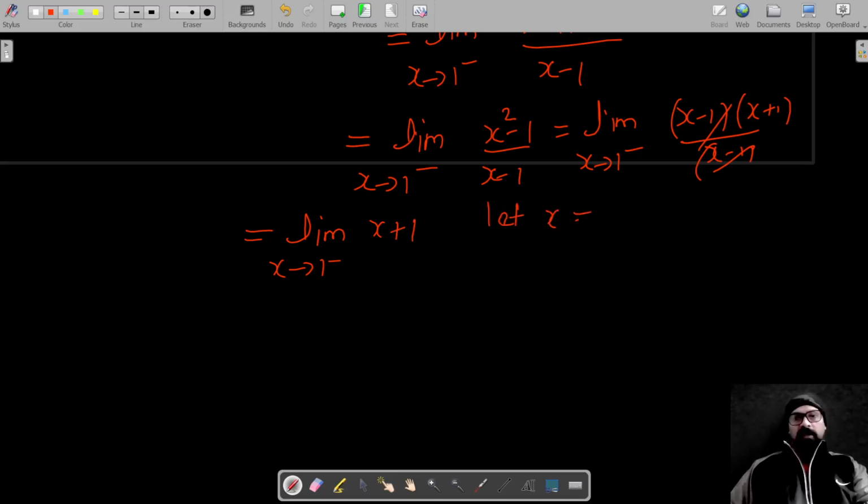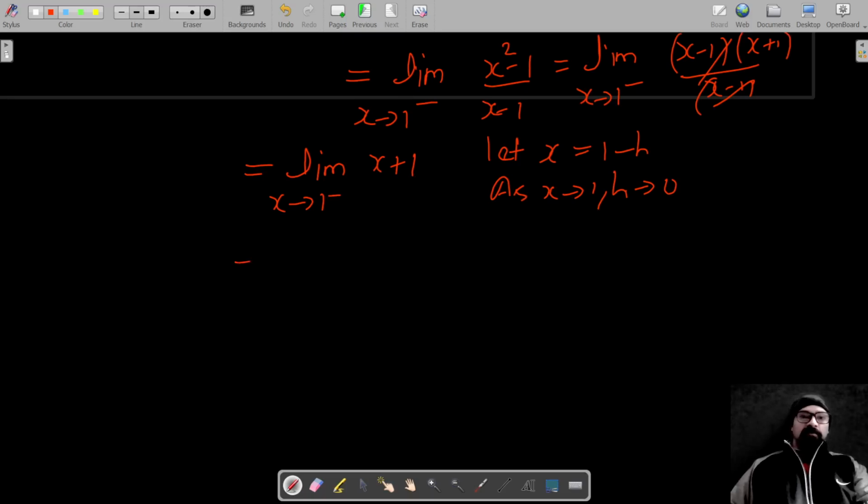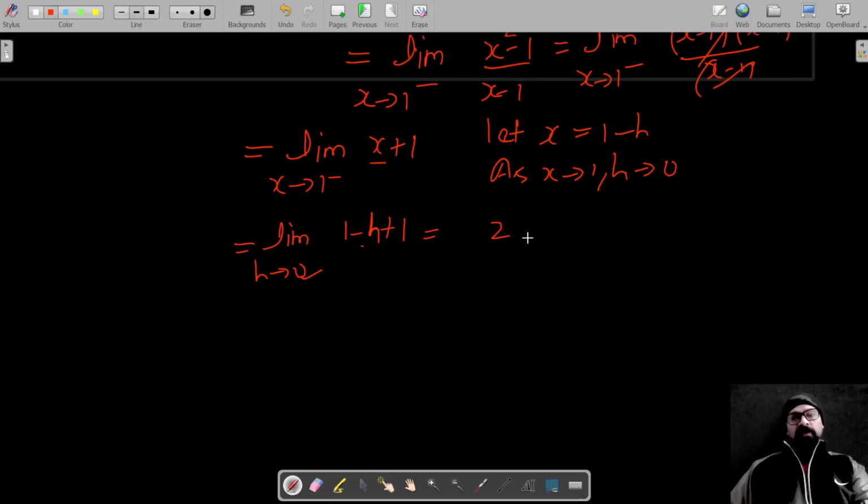And let's assume that x is equal to 1 minus h, where h is a small value, h greater than 0. As x tends to 1, h tends to 0. So this is now limit h tends to 0, x is now 1 minus h plus 1, and if we take the limit for h is equal to 0 here, it gives you the value 2.